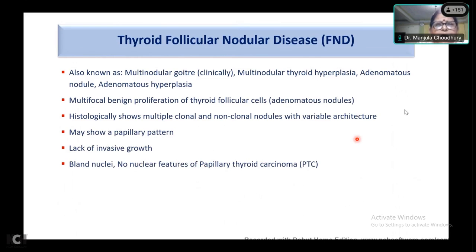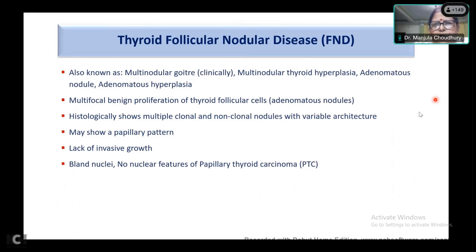And as you said, it is newly introduced in 2022 because there are enigmatic criteria for the diagnosis: whether it is a follicular neoplasm, follicular adenoma, adenoma plus hyperplasia, or a hyperplastic nodule.